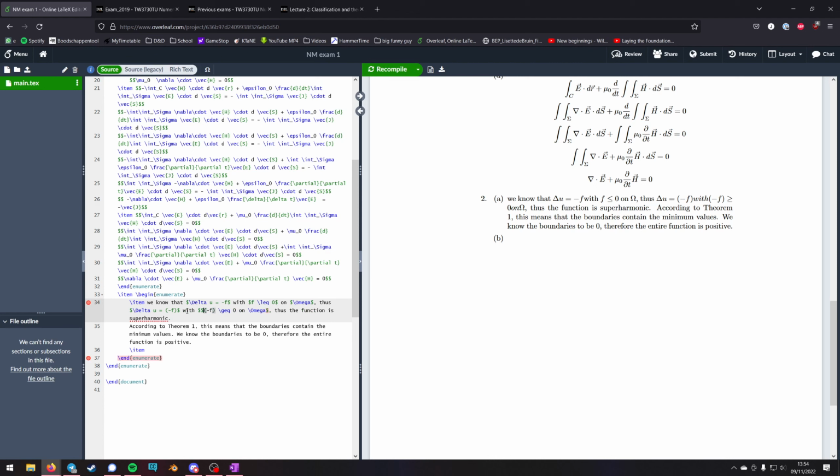Some quick formatting fixes. Okay, so according to theorem 1, this means the boundaries contain minimum values, and with the boundaries being 0, therefore the entire function is positive.